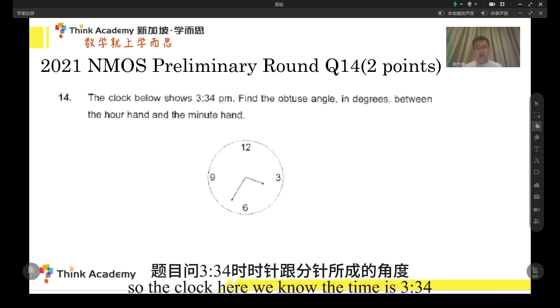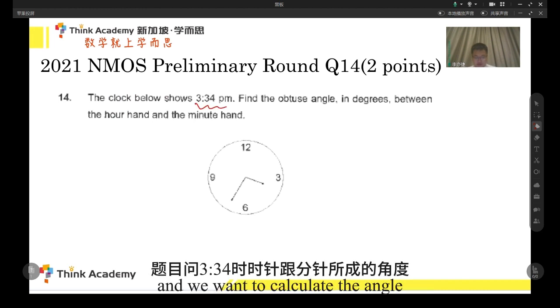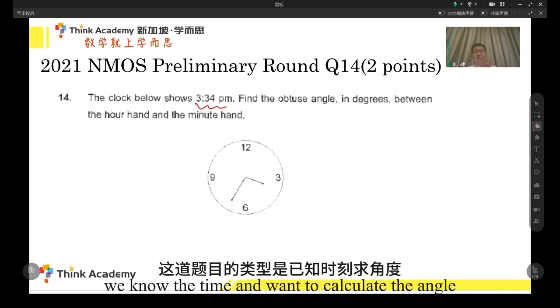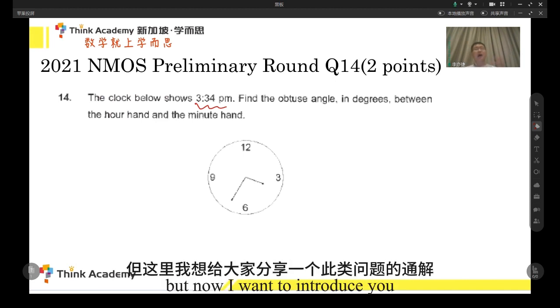So the clock here, we know the time is 3:34, and we want to calculate the angle here. In this question, we know the time and want to calculate the angle. There are many ways to do it, but now I want to introduce maybe not the most simple way, but the most common way that you can use to solve nearly all the problems.